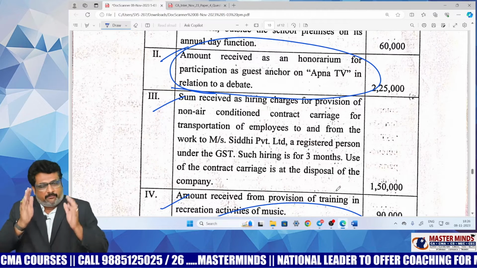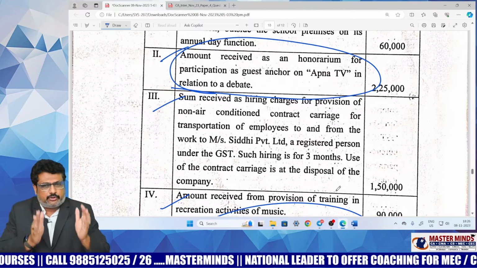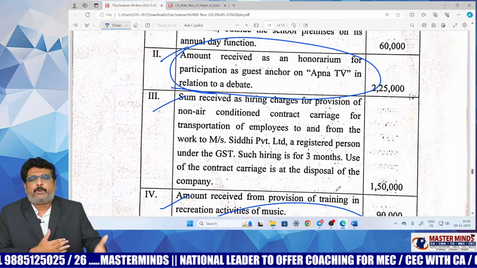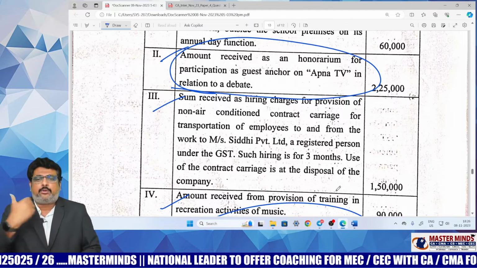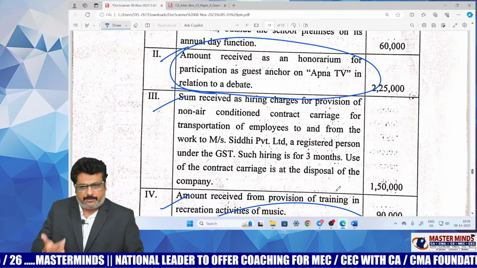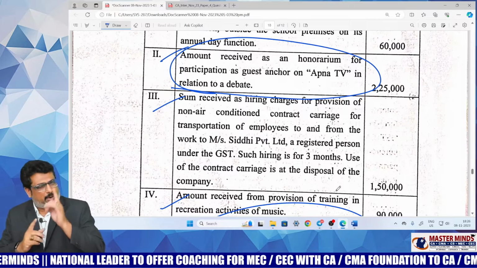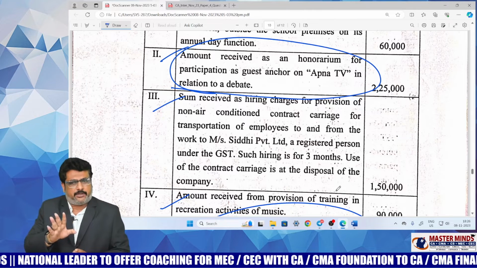With respect to May 2023, massive amendments were there at that time, so it may not be possible for the examiner to ask all those amendments in the previous May 2023 attempt. Therefore, I already told you in class that this is an important thing.